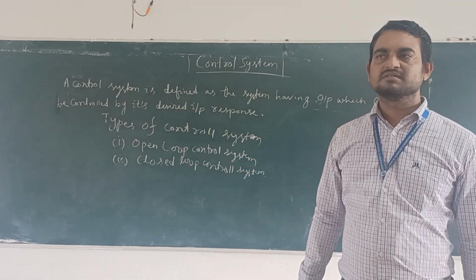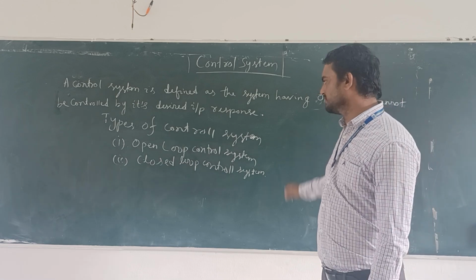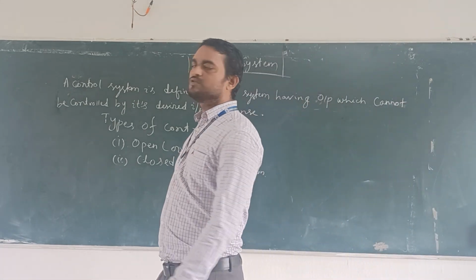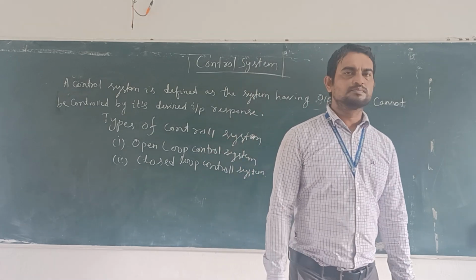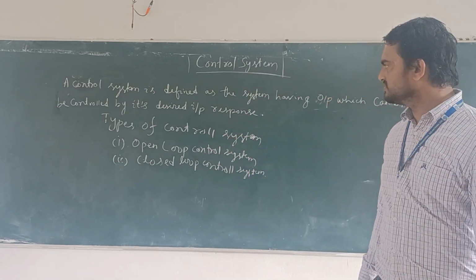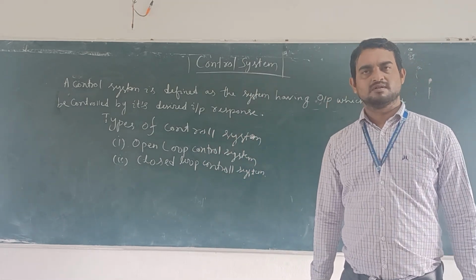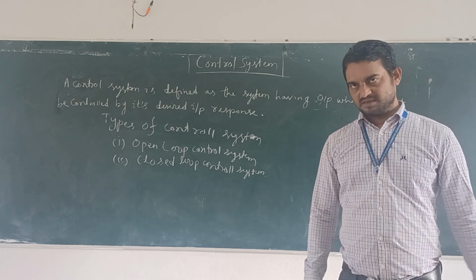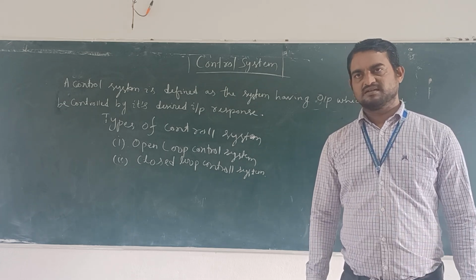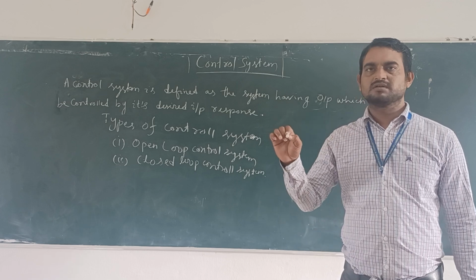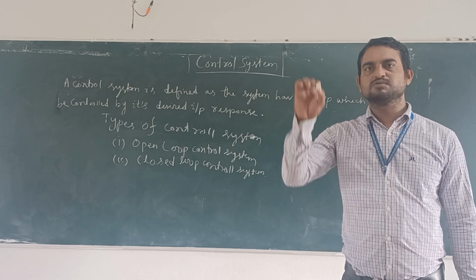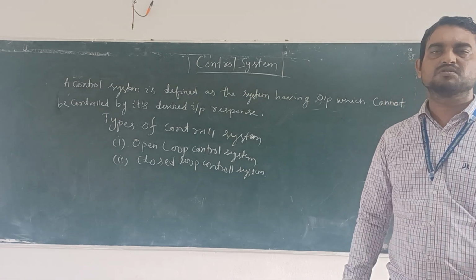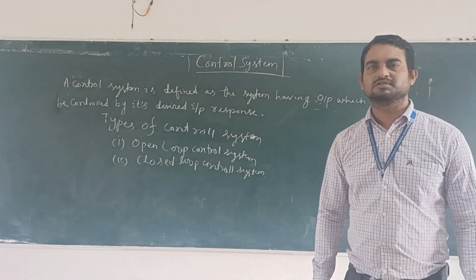That is known as open loop control system. What is closed loop control system? The closed loop control system can be defined as a system which has control over its output. Simply, we have feedback, which works from the output signal to the input signal such that the error can be minimized. That is known as closed loop control system.